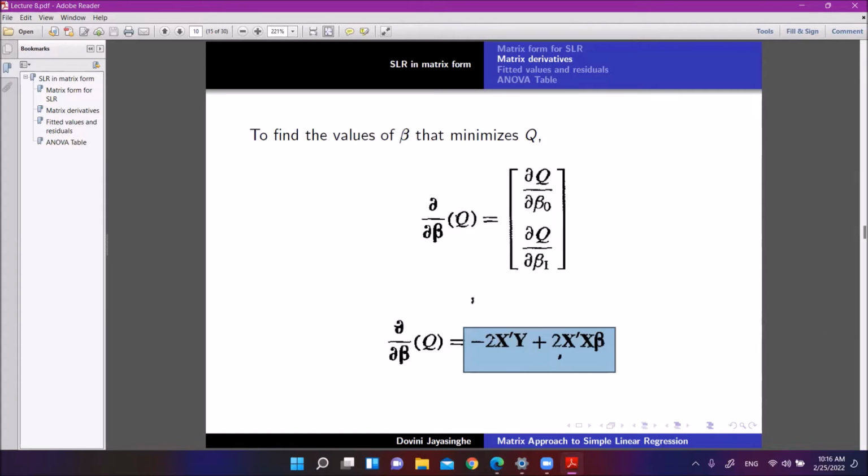So we end up with minus x transpose y plus x transpose x beta equal to 0. We have to isolate beta. So beta is going to be equal to x transpose x inverse times x transpose y. That is that. So how do you estimate beta? Beta hat is equal to (x transpose x) whole thing inverse times x transpose y.